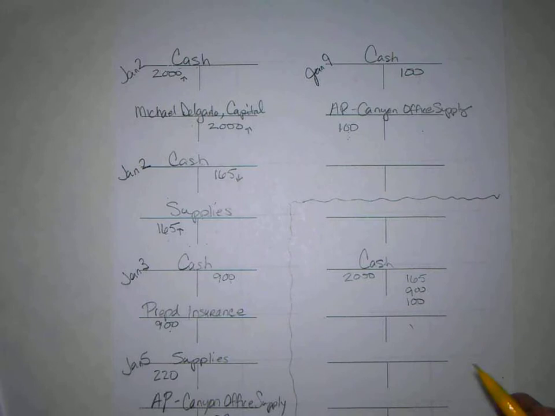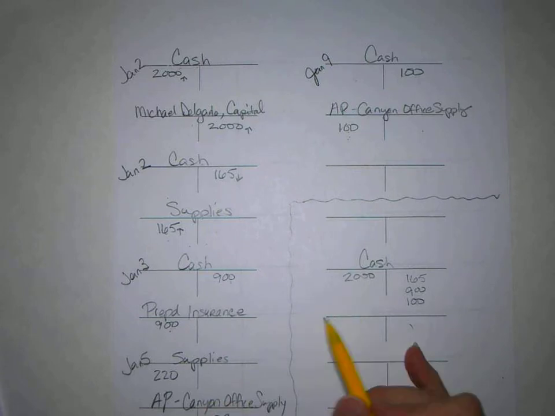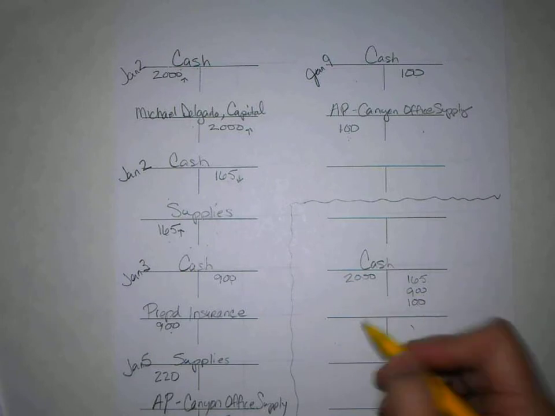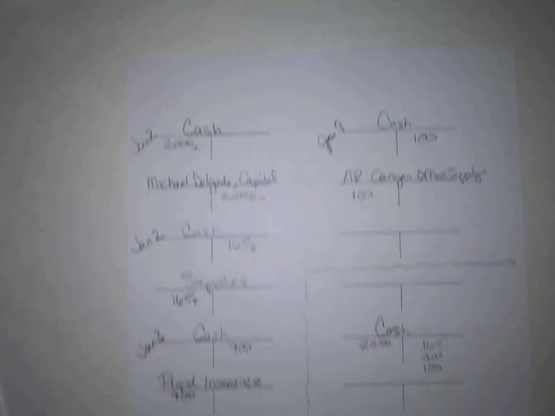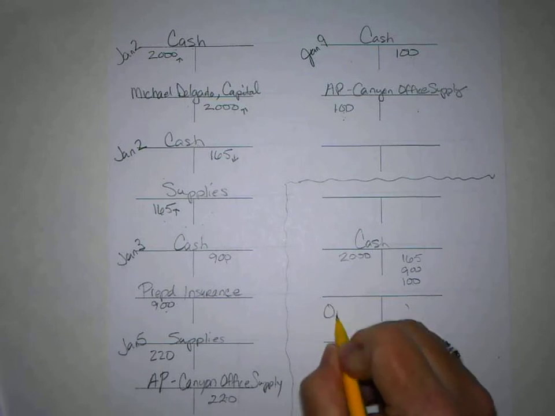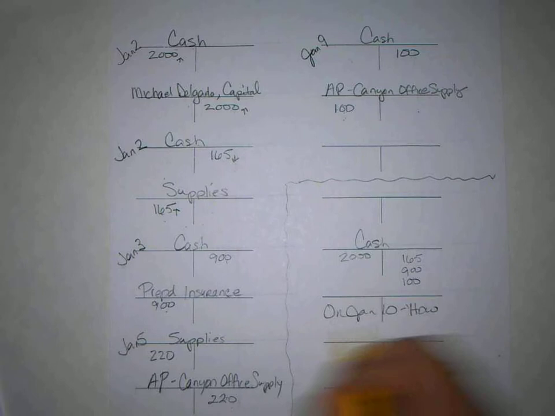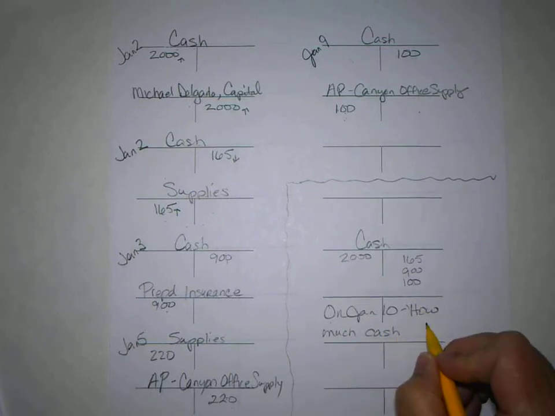Okay, so if you remember the definition of the account balance, it's taking all of the debits and all of the credits and finding the difference between the two. Okay, so basically this last transaction was January 9th. So on January 10th, how much cash do we have?